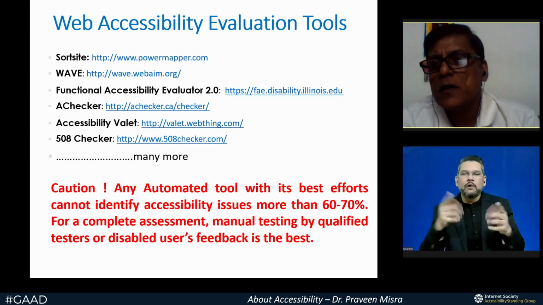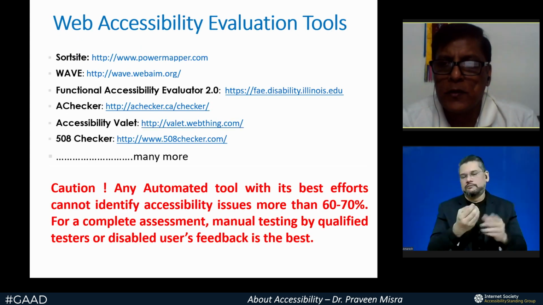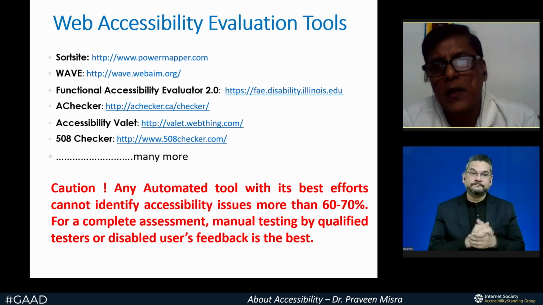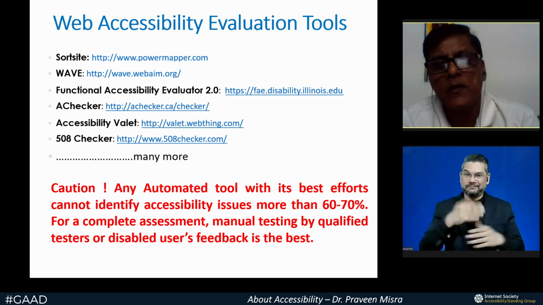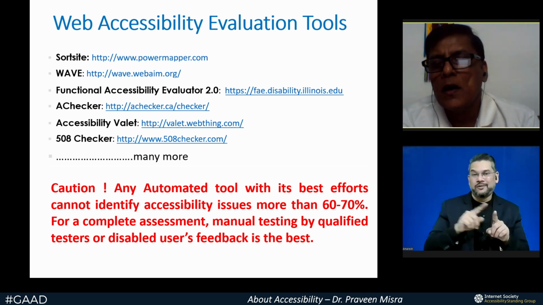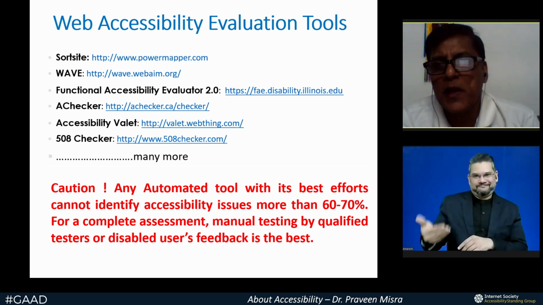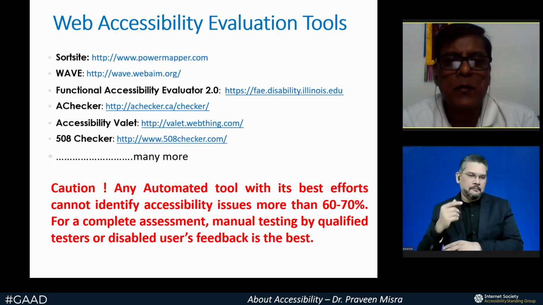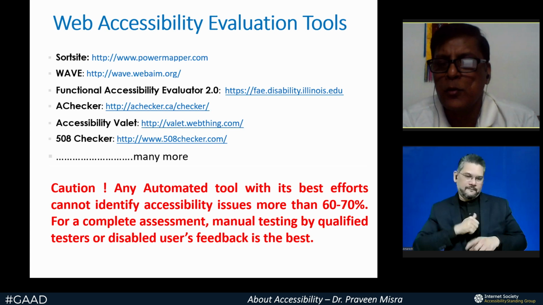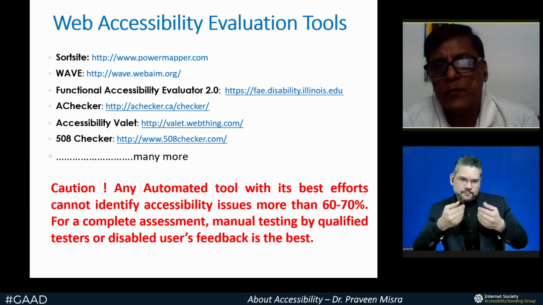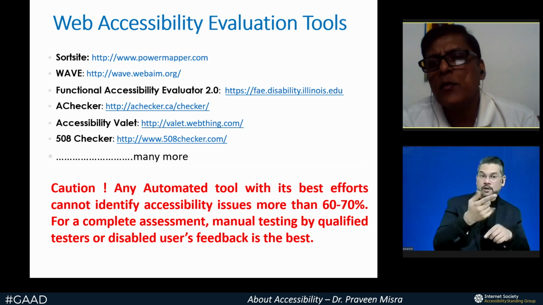Some of the automated web accessibility tools: my colleague would be talking about manual testing, but these are some of the professionally used paid tools that are there, and some of them are even free to an extent. These tools are available, and they give you an insight.